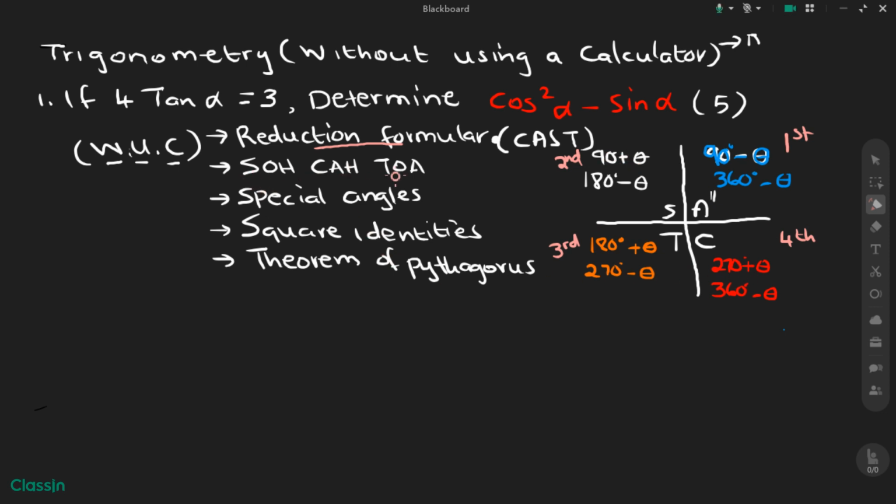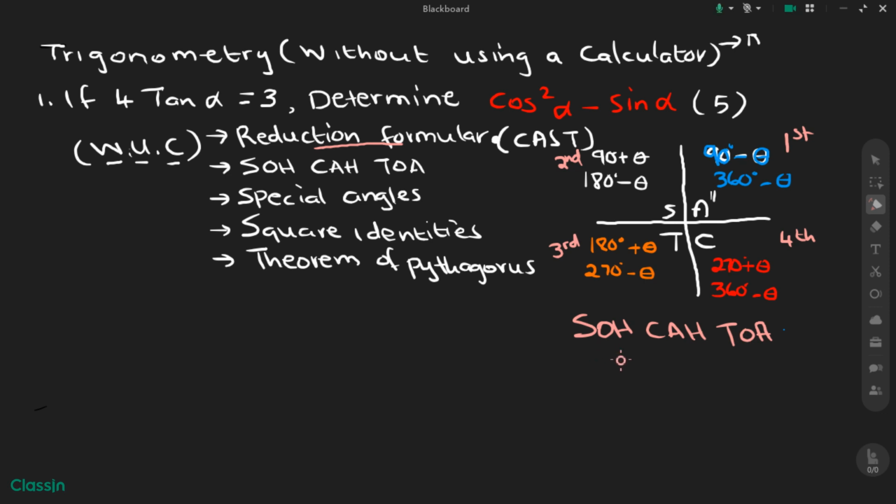Now SOHCAHTOA, we know that sine is opposite over hypotenuse, cos is adjacent over hypotenuse, and tan is opposite over adjacent.